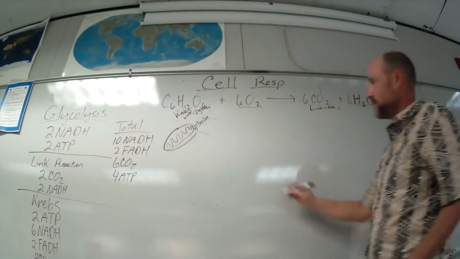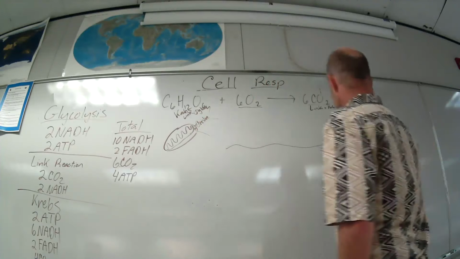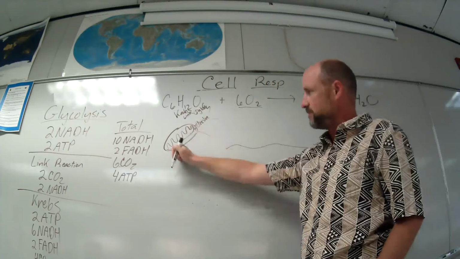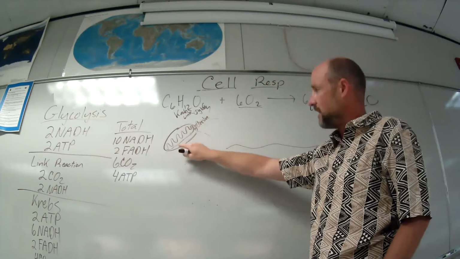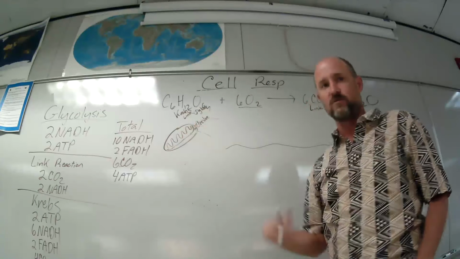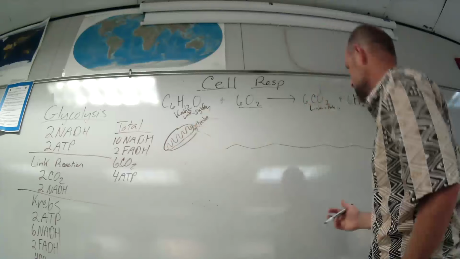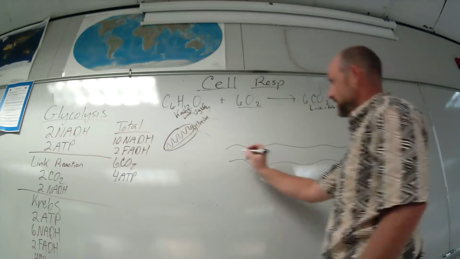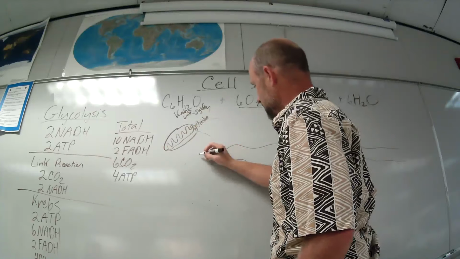That is what I'm going to draw up here. I am drawing just a small little tiny section of this cristae. This would be going on along the whole cristae. Lots of invaginated folds because we're increasing surface area so that more and more electron transport chains can occur. So this is going to be the cristae, or the inner membrane.